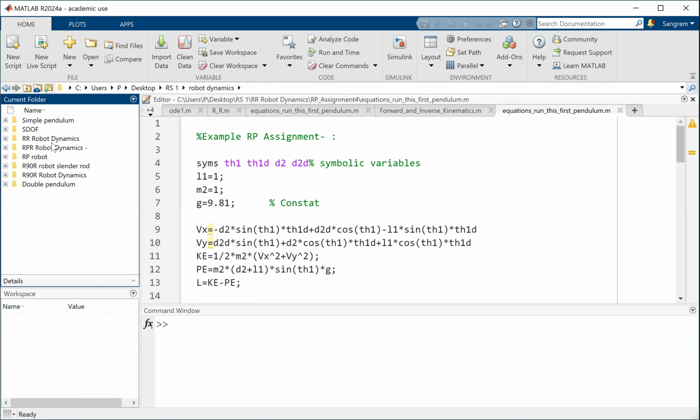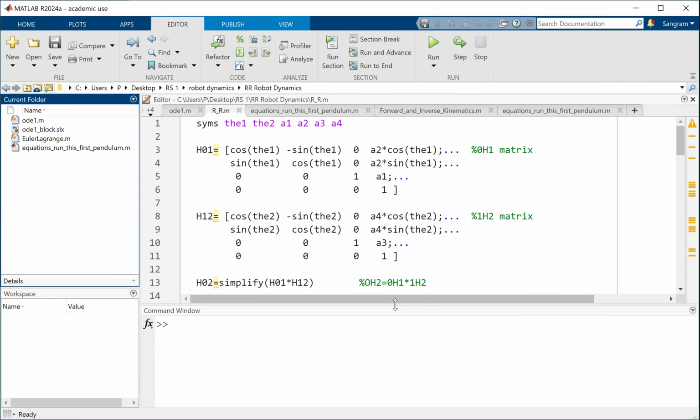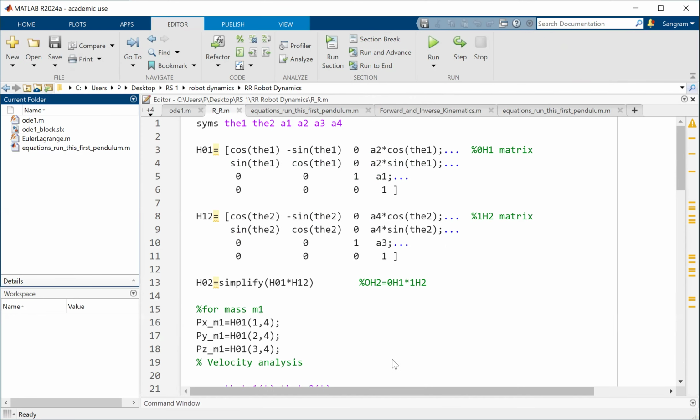And then what you have is you have RR, Robot Dynamics. Bear with me for a second. Let me make sure RS1, I'm using the correct script.